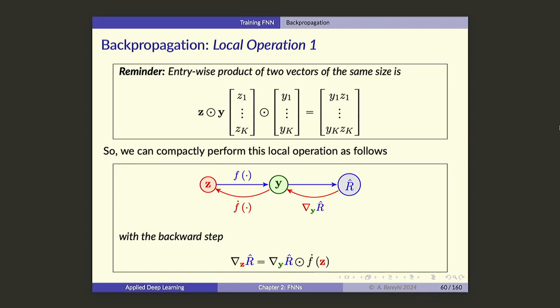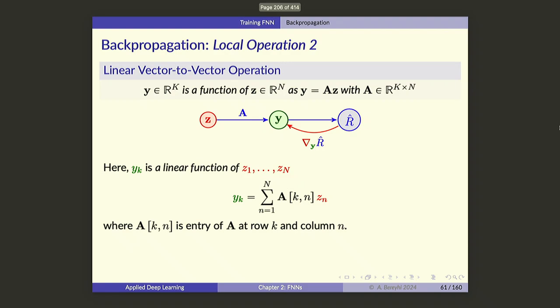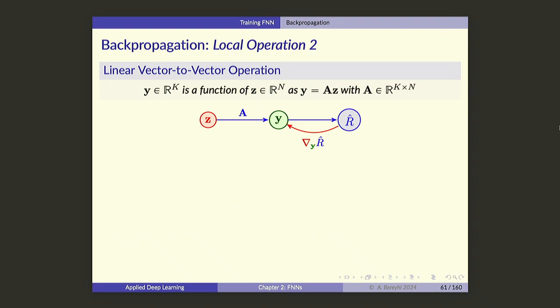You pass your z through this f dot, and then once you have it, you multiply this vector and that vector entry-wise. Clear? Everybody's clear? So that was easy, right? So what about the next one?